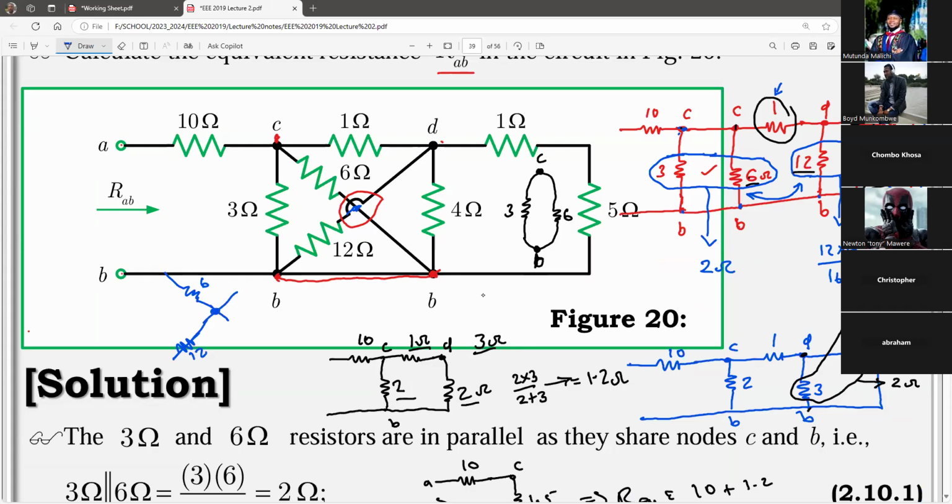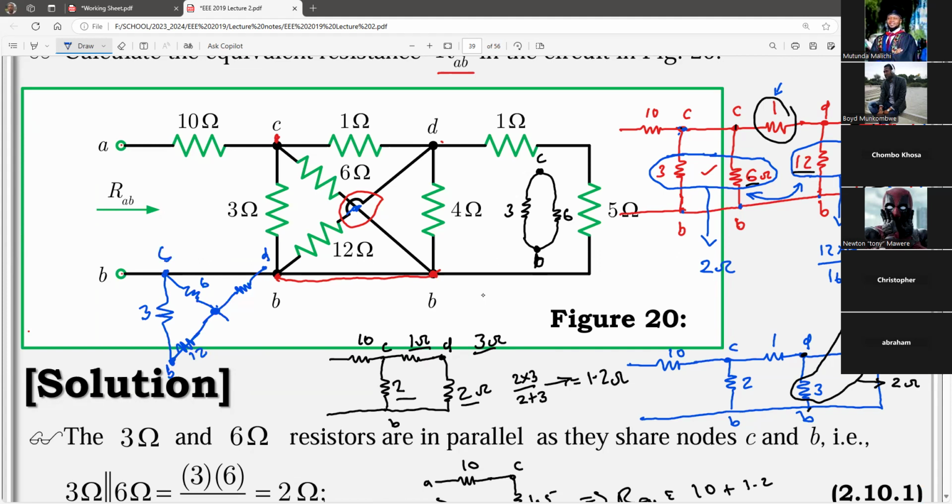And maybe there's even another element here, another resistor there before you get to D. If this is connected and you have an element like this, which is 3 here, when you look at this 3, 6, 12, how are they connected? Can someone try to guess this?